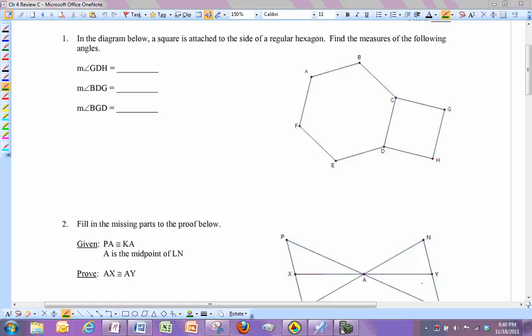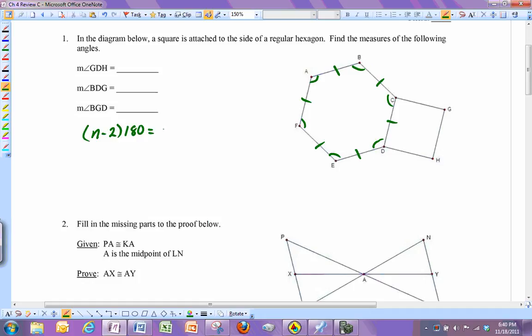So if it's a regular hexagon, that means all the sides have to be congruent, and all the angles have to be congruent. So we could figure out how big one of these angles is, because I know the total degrees is going to be using this formula on the interior.